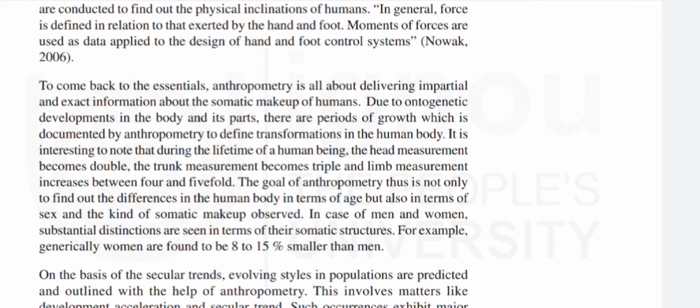The goal of anthropometry thus is not only to find out the differences in the human body in terms of age, but also in terms of sex and the kind of somatic makeup observed. In the case of men and women, substantial distinctions are seen in terms of their somatic structures. For example, generically women are found to be 8 to 15% smaller than men.